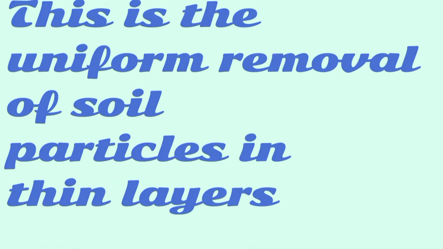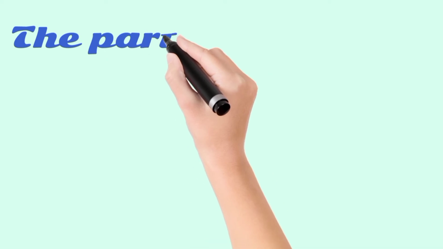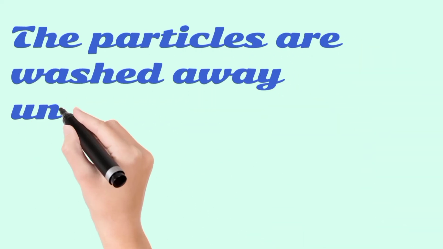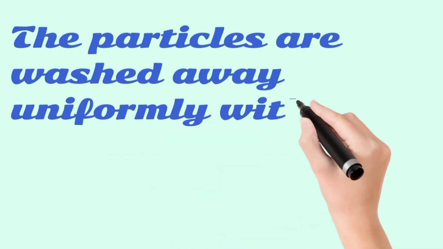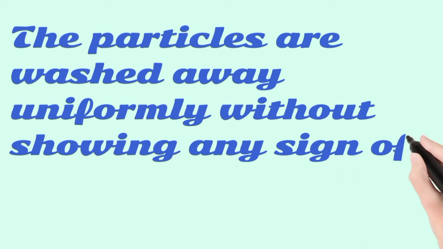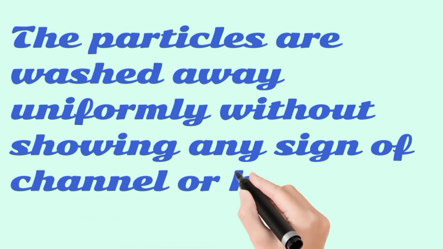In this type of erosion, there is no sign that the soil is being affected by water because there is no channel or gully on the surface of the soil. You will hardly notice it because it is uniformly removed.